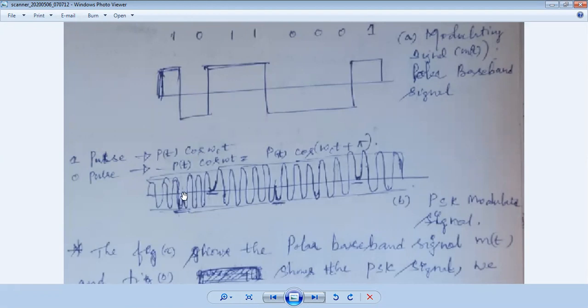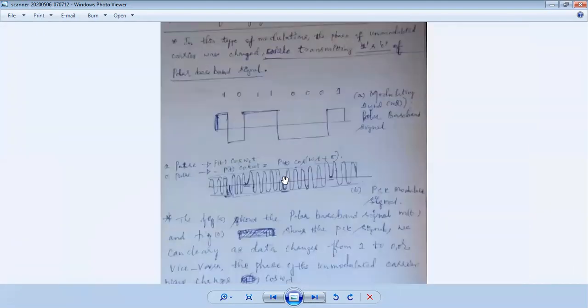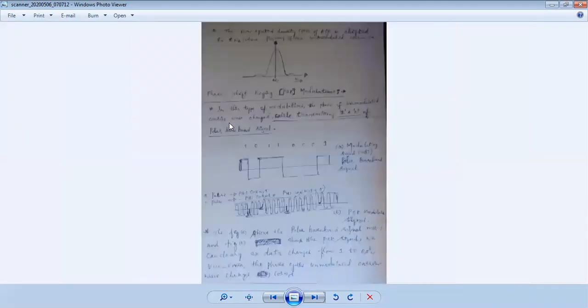That is why you see these abrupt changes in the phase. Similarly, when there is a transition from 0 to 1, there is a phase change. This is exactly what we call a phase shift. There is a change in the phase, so we call it phase shift keying.